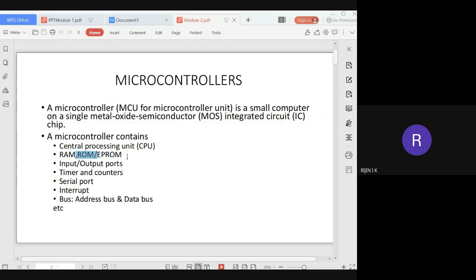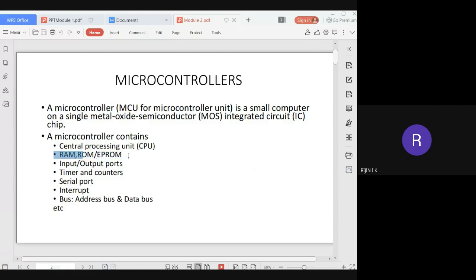What is the difference between ROM and EEPROM? Anybody? What is ROM? Is it possible to modify the content of the ROM?